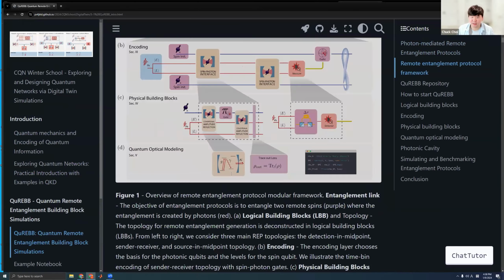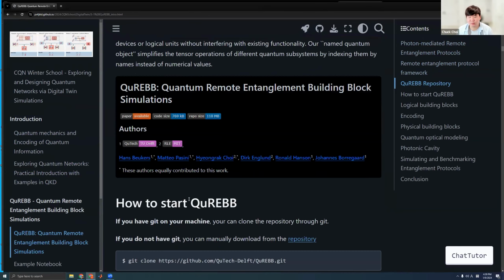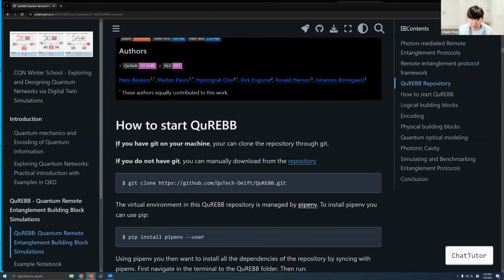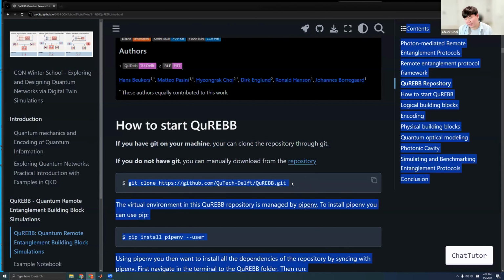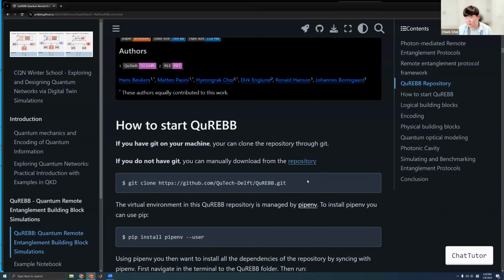But if you actually want to do everything on your local machine, you can do it in a very simple way. If you have Git on your machine, you can just clone the repository through Git. You just type git clone and this address in your terminal.